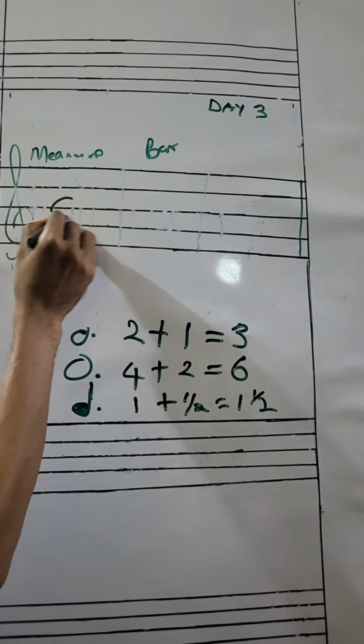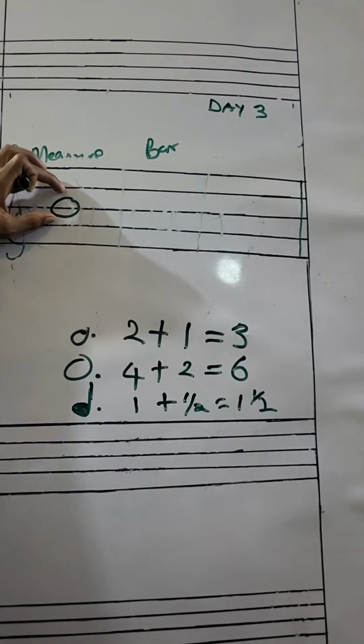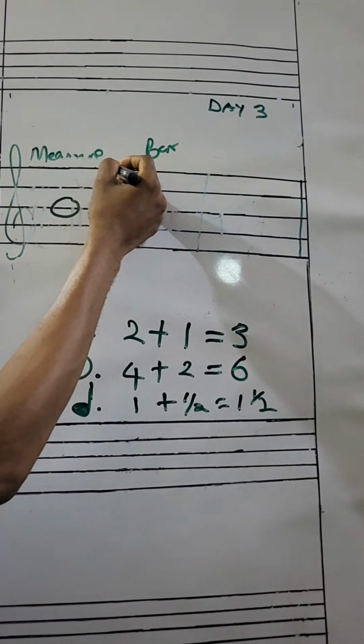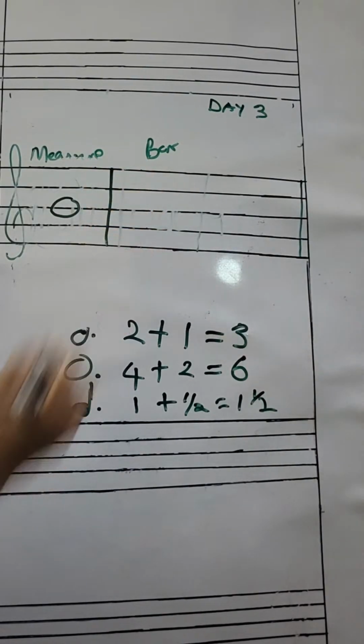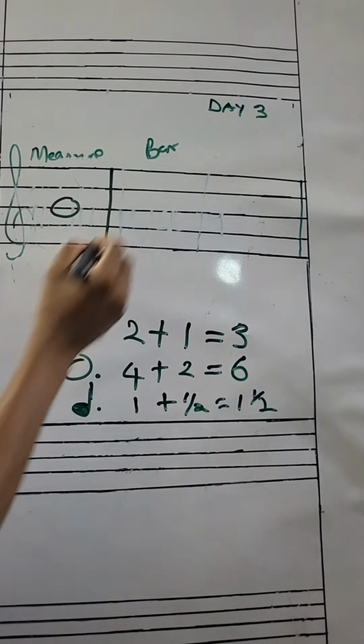Now I'm going to do it on the line. Don't forget, look at the note. We established, I think day before yesterday, that this is the note head. Now this is a round note. I want to have 3 different kinds of notes in each bar. So I'll leave it to be a round note.